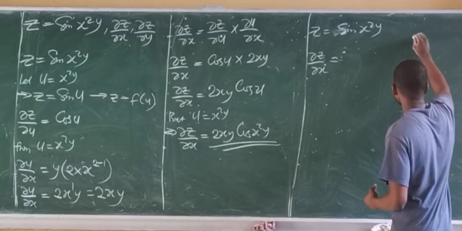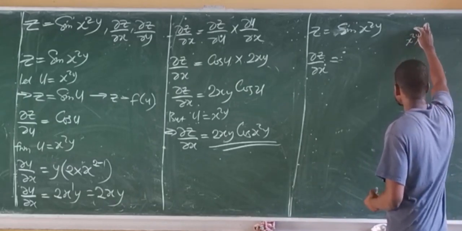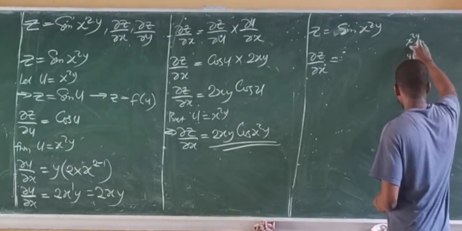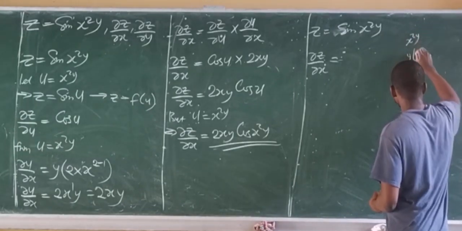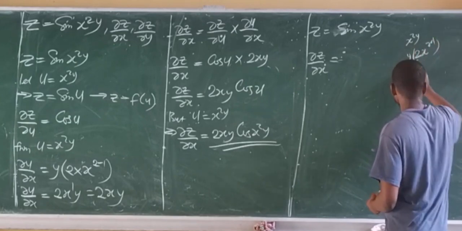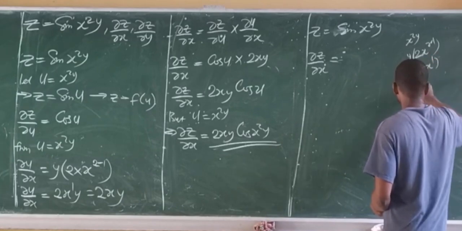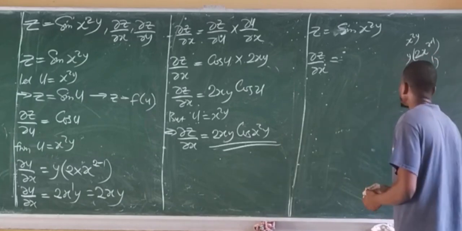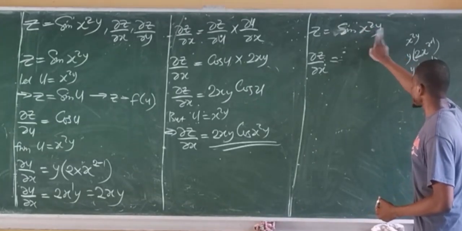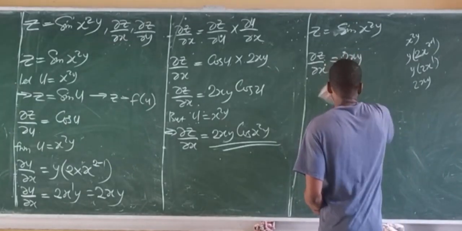So I keep y as constant and differentiate x squared, which gives 2 times x to the power 2 minus 1. This gives me y into 2x, which is simply 2xy.